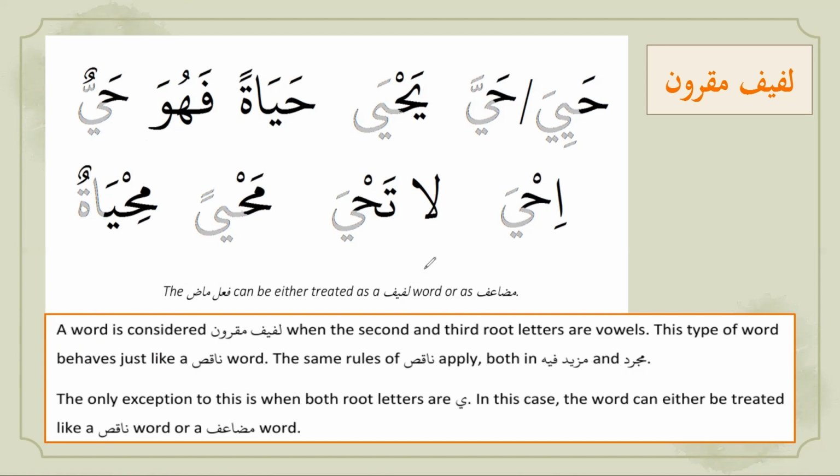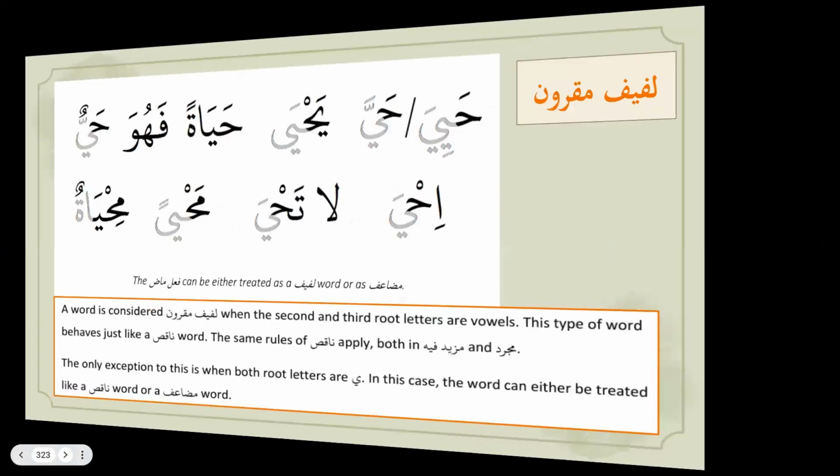So this is about Lafif Maqroon, and a special case when the second and the third letters are both ya. Ya comes two times. So sometimes it can manifest changes of naqis, sometimes it manifests the changes of mudaf. And mudaf words we haven't done in our course yet, but inshallah after Lafif we are going to do it. Okay.